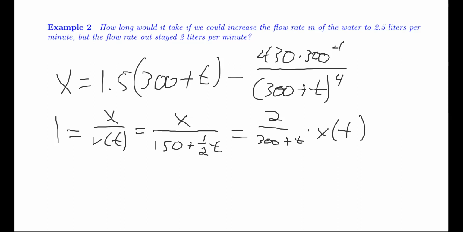All right. Then plug in what x of t is here and solve for t. Once you do that, you end up with t is approximately 22.397. And that ends our video on the mixing problems.